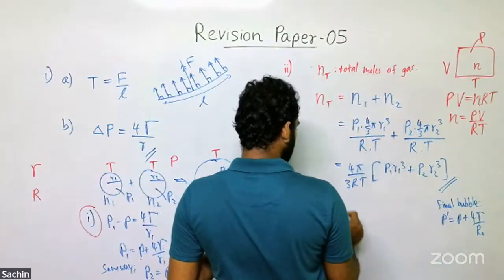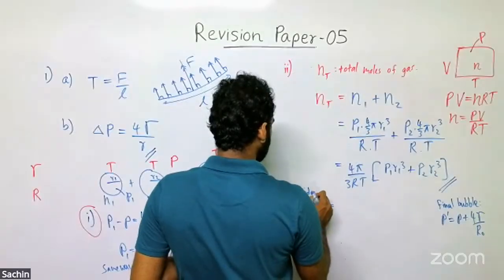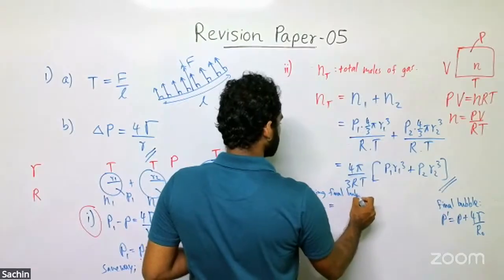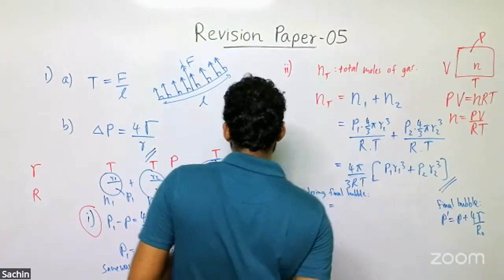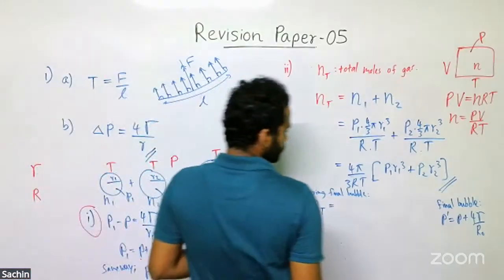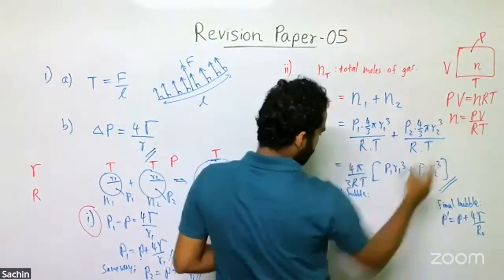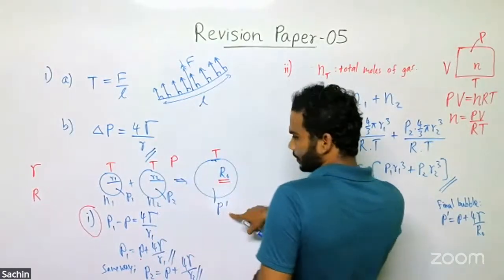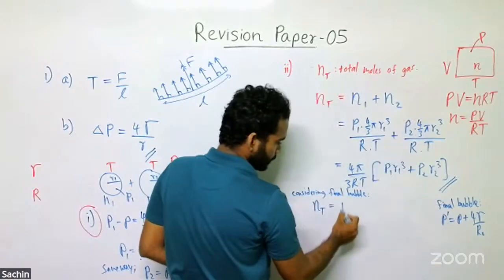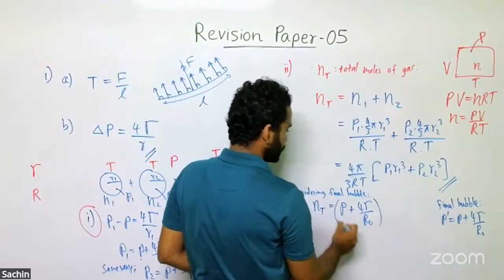I'm considering the final bubble, so the total number of moles should be equal to, here the pressure inside is P dash. Now I obtained the equation for P dash, that is P plus 4 gamma over R naught.